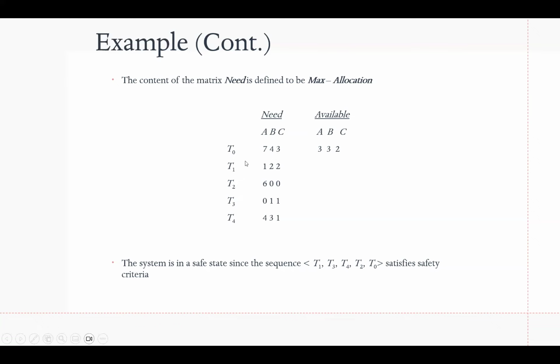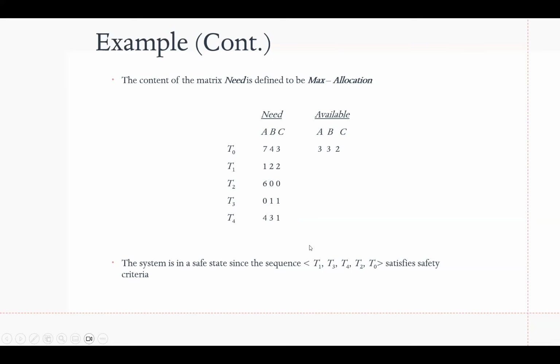Okay. Then after T1 gets executed, what will we do? We'll update the work, that is, the available will get updated. Whatever the allocation of process T1 is will get added to this available, and the available gets updated. And then we'll again check here and accordingly define the safe sequence.